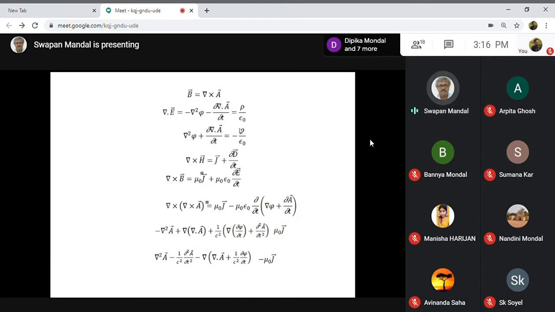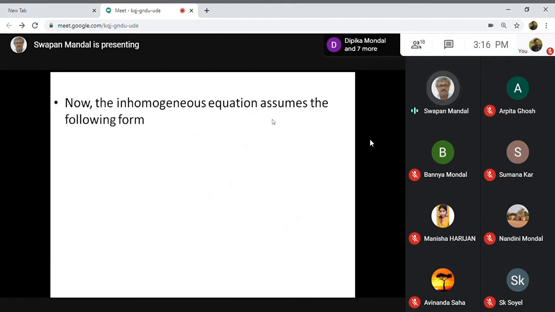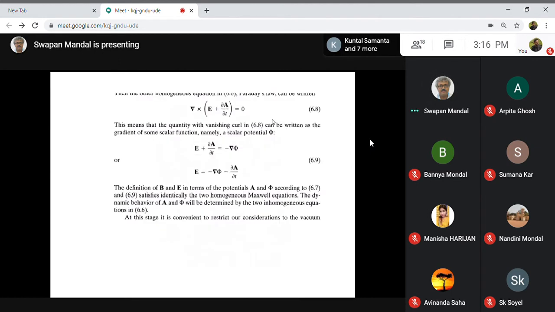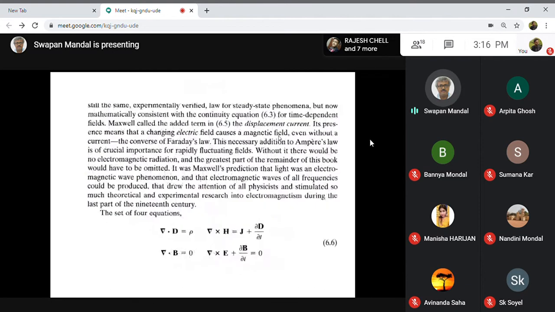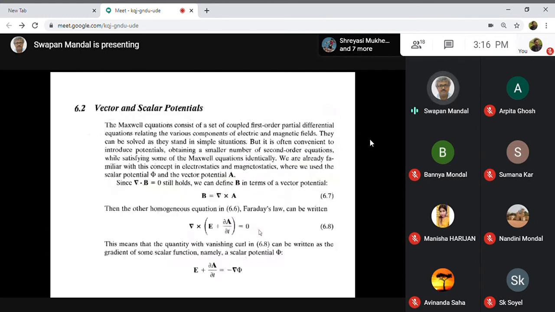Now the second equation. Second equation means second inhomogeneous equation. Here curl of H means curl of B, I shall write it as curl of B. So mu 0 will be in the denominator, so you have to put it here as mu 0 j. And here mu 0, and you take epsilon 0 outside. So mu 0 epsilon 0 del E del T. Could you follow me?